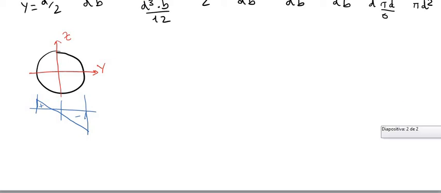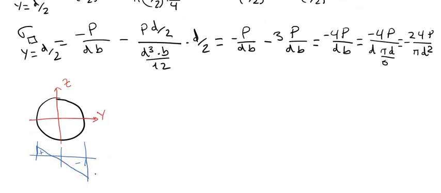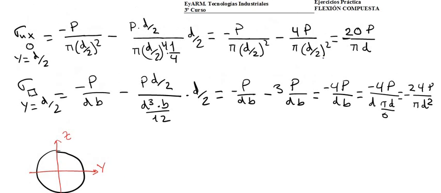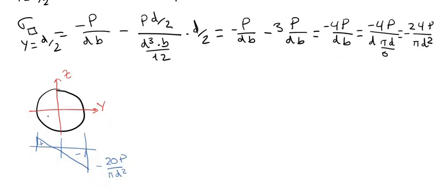This was minus 20P divided by πd². Forgot here that square, this square, and we have here this value that was equal to 12P divided by πd².